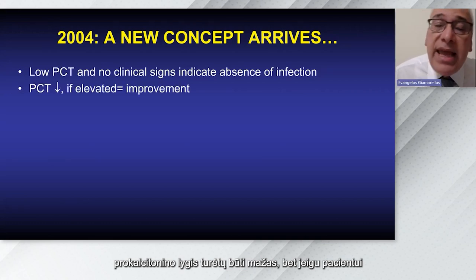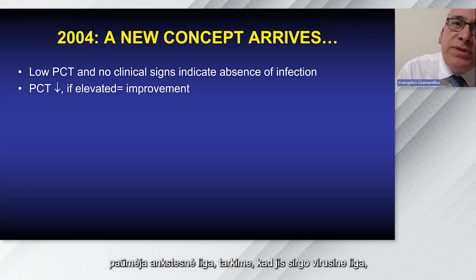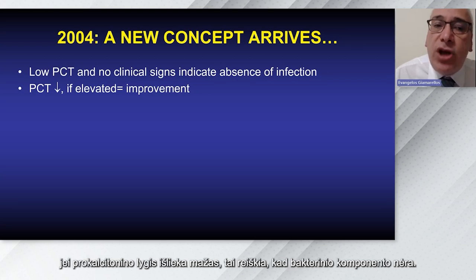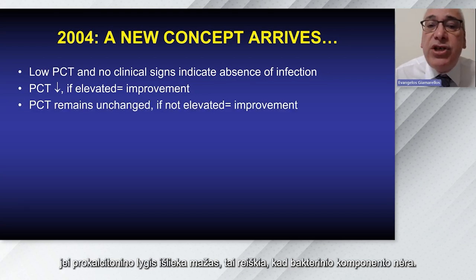But if a patient develops an exacerbation of a previous disease, let's say that he had viral disease and now again he has a new respiratory exacerbation, if PCT remains low, that means that there is no bacterial component.